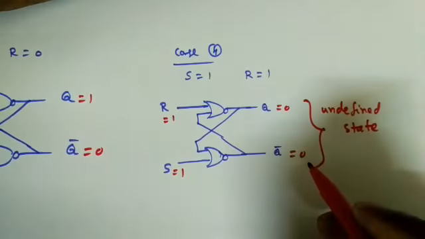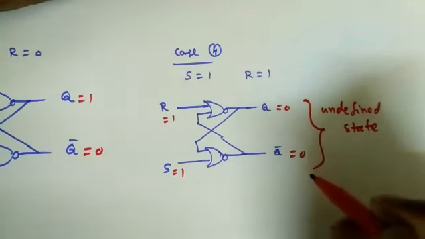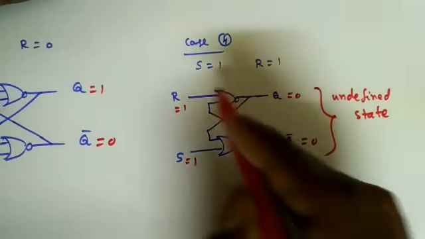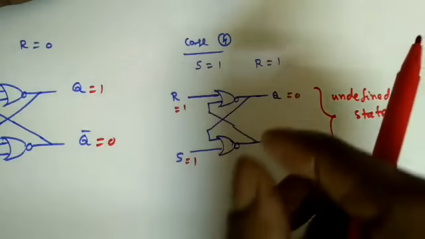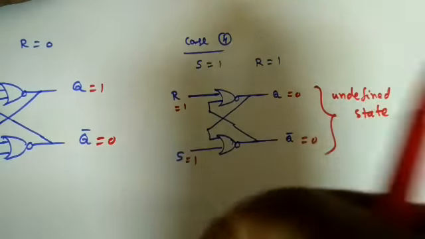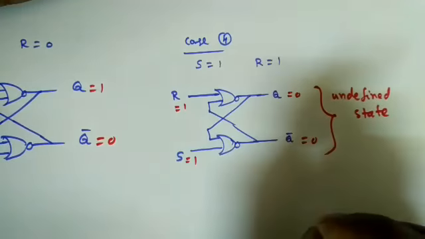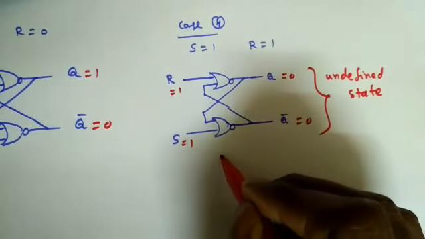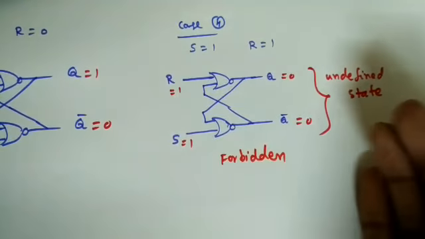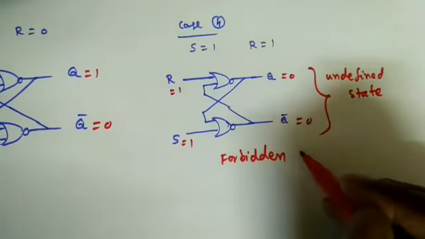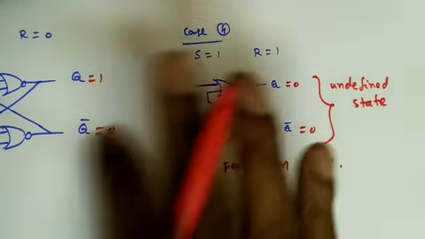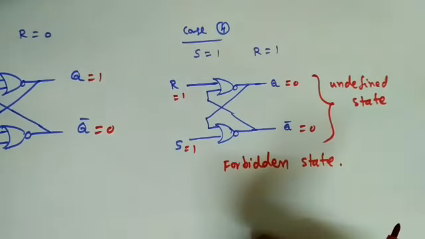It should be in either 0 1 or 1 0, but it should not be the same. So that means this input should not be applied, or this input condition should be forbidden. So it is an unwanted state. We can say forbidden state also. So the different names we can use: indeterminate state, undefined state, or forbidden state, right? So this condition should not happen in an SR latch, right?